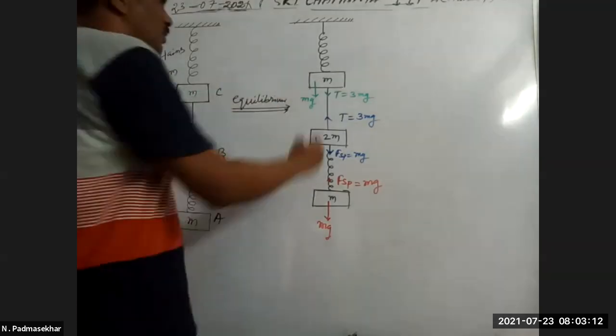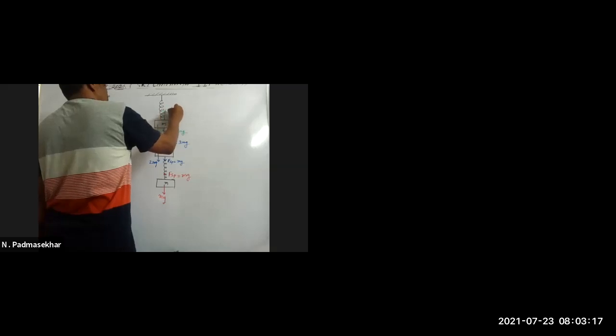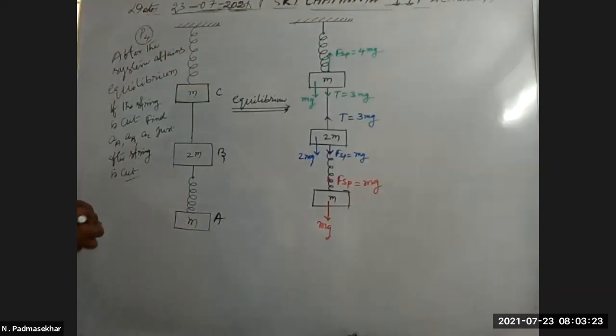Under equilibrium, the force acting on this spring is FSP equal to 4mg. So this is the equilibrium state, with forces like that.